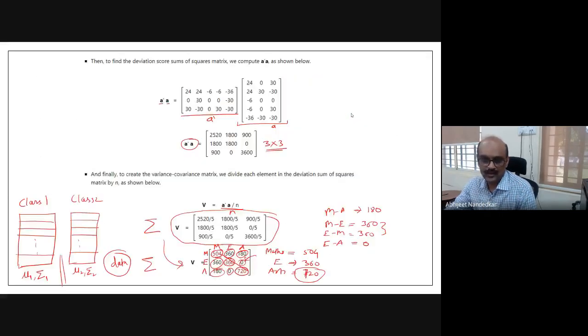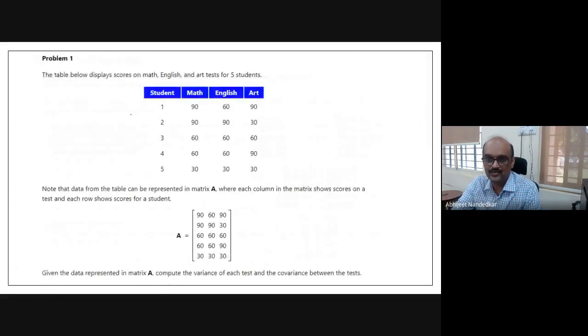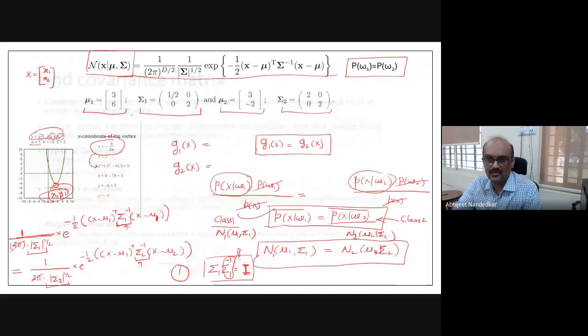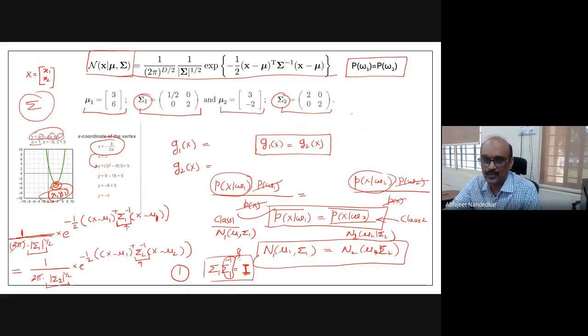I hope now you can calculate this sigma matrix which we have used in previous problem. So these sigmas are obtained like this procedure. Then there is one more step here to compute the likelihood probability, the sigma inverse.